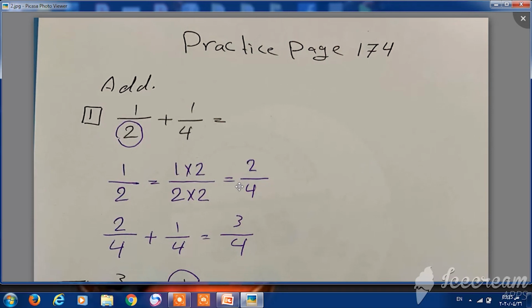We get 2 over 4, and we put 2 over 4 in place of 1 over 2. Okay, look, we put it there. So now it's easy. You can add 2 plus 1 equals 3, and we keep 4, we get 3 over 4.